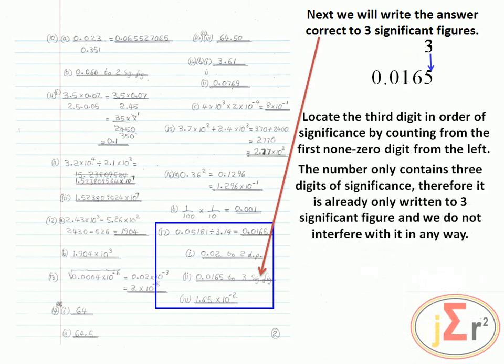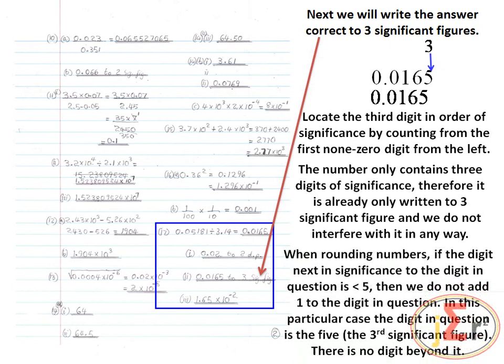The number only contains 3 digits of significance. Therefore, it is already only written to 3 significant figures, and we do not interfere with it in any way. It goes back exactly as it is, like that. No other digit following the third most significant digit.